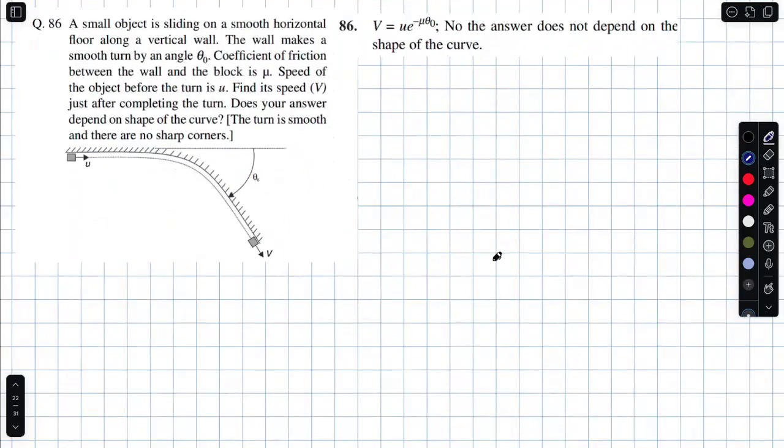Question 86. A small object is sliding on a smooth horizontal floor along a vertical wall.